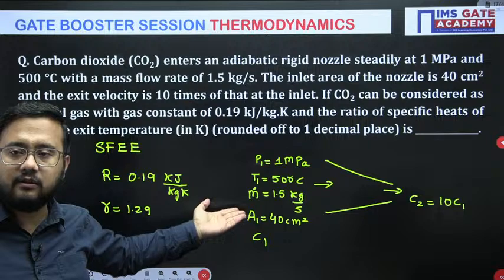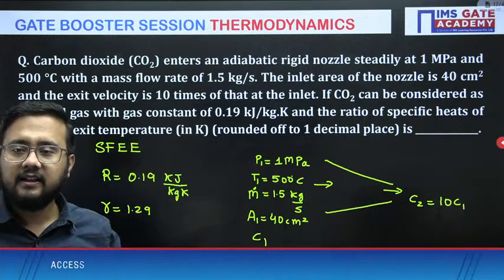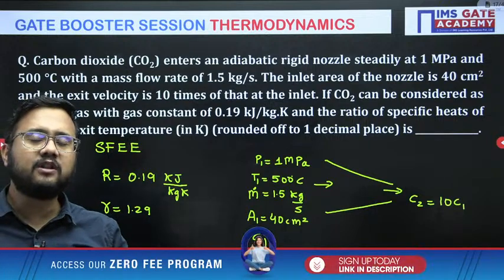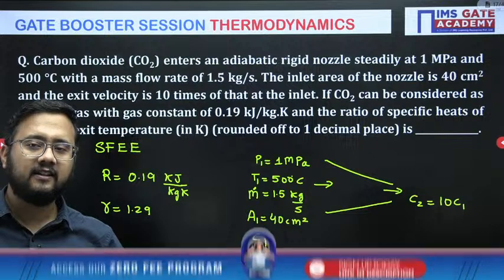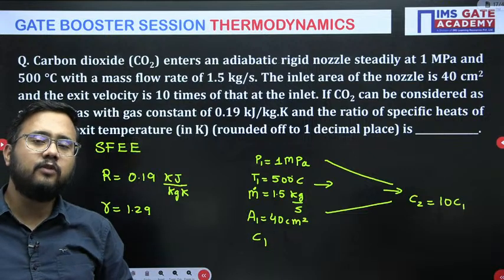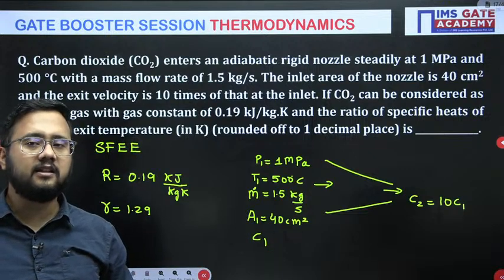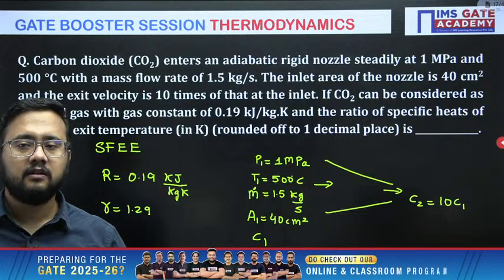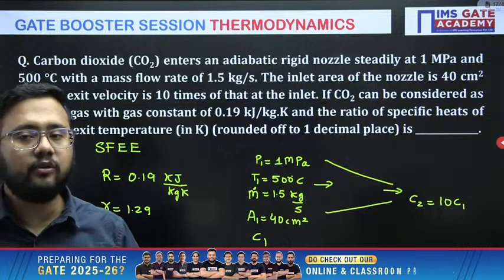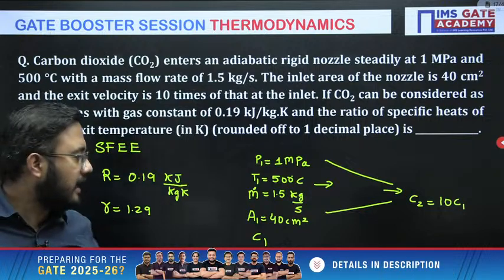Can I use mass flow rate, area, anything? Ideal gas. In the ideal gas equation, PV equals mRT, there is no velocity, right? How will you calculate? We want to calculate velocity, right?